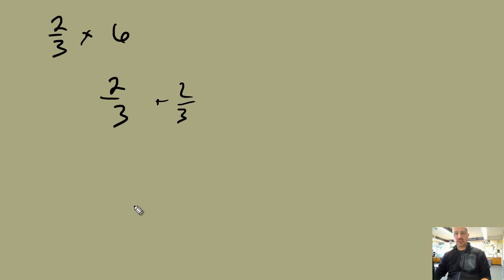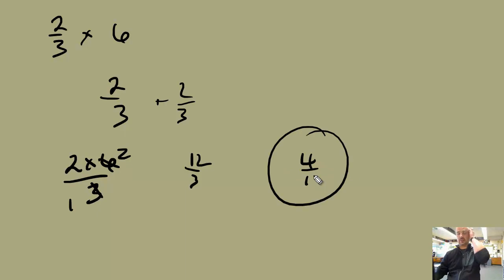And instead of adding it out, 2/3 plus 2/3 the whole way, I'm just saying 2 times 6 over 3. 6 groups of 2. That's 2/3, 6 times. And I could do that. That would be 12/3. But I can also say, well, this is a factor. These are buddies. And that's 1 and that's 2. And 2 times 2 is 4. 4 over 1 is a lot easier.